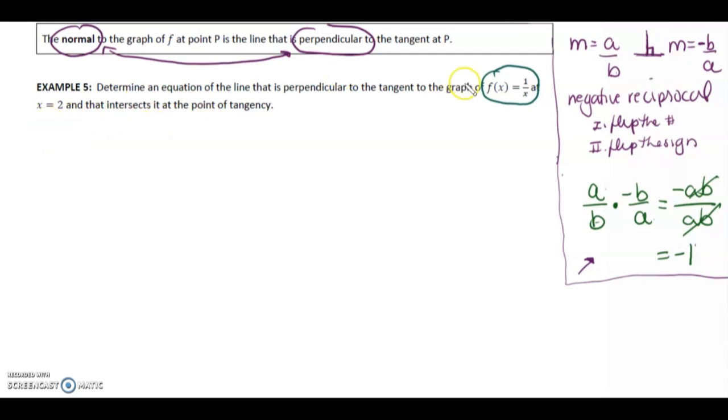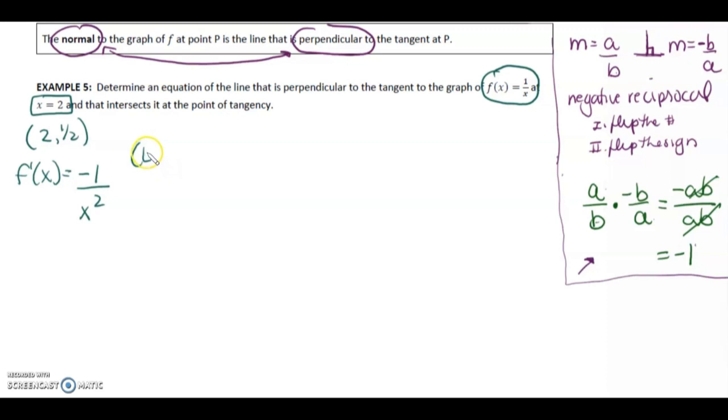I'm going to recall from the previous question that the point at x equals 2 is 2, 1/2. And also f prime at x is going to be -1 over x squared. I know in the previous one we did t, but it doesn't matter what the variable is. It's going to be the same derivative.